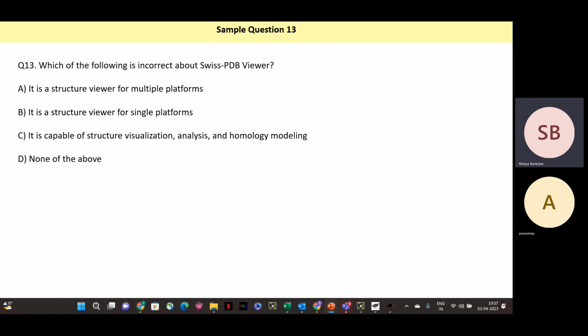The 13th question is, which of the following is incorrect about Swiss PDB viewer?